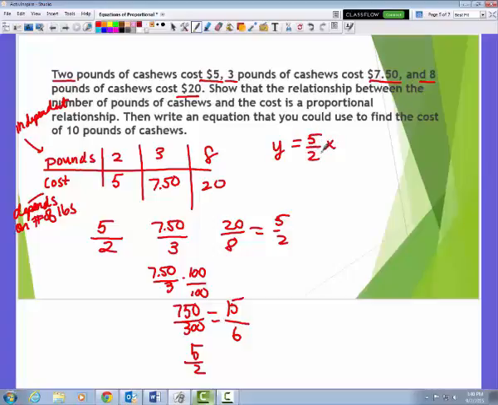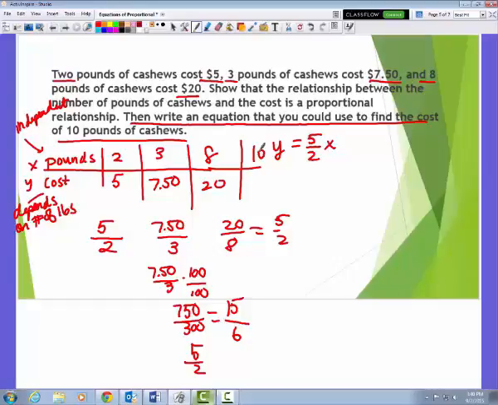But there's another question here. It says, write the equation and find the cost of 10 pounds. Well, the pounds were my x variable, right? My independent variable. So what I'm going to do is put in 10 right here, and figure out what y would be.